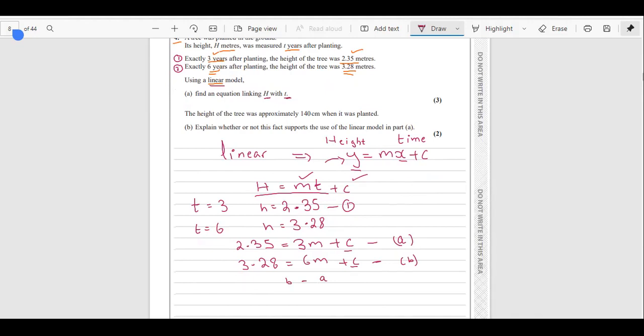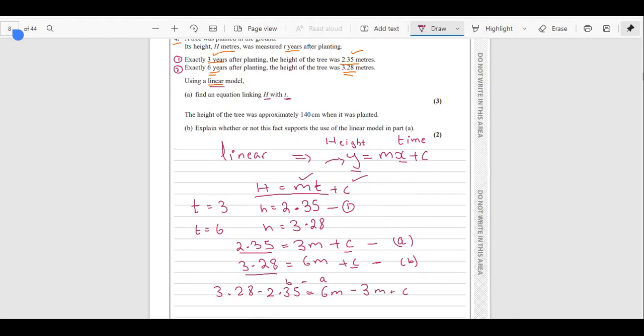Yes. So in that case, 2.35 would be subtracted from 3.28. So 3.28 minus 2.35 equals 6m minus 3m, and then c minus c, so these two would be cancelled.